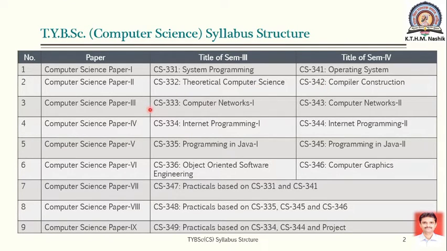Let us go to the third paper, computer networks 1 in semester 3 and computer networks 2 in semester 4. This course will prepare you with basic networking concepts: what are the different types of networks, topologies and protocols of computer networks.